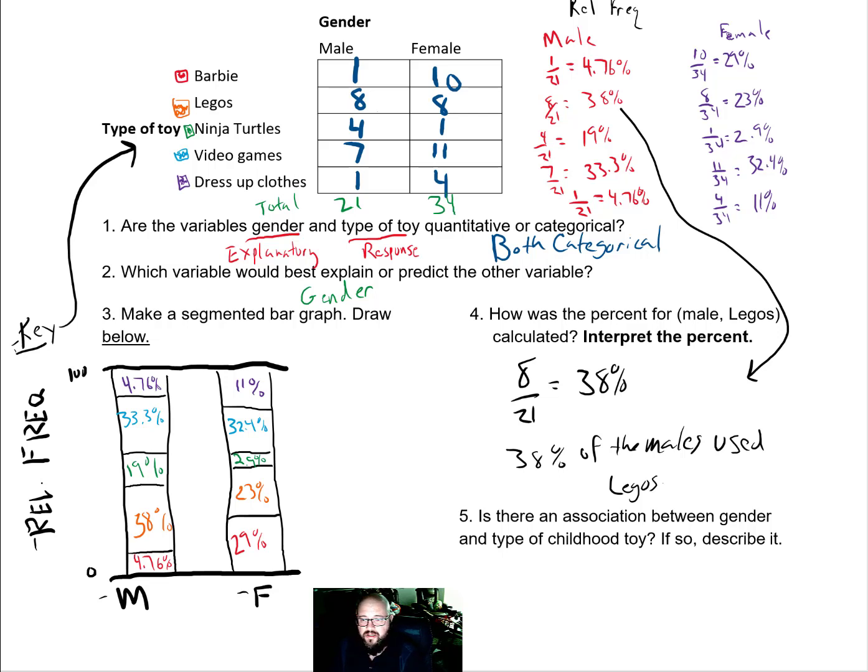And number 5 here, it says, is there an association between gender and type of childhood toy? If so, describe. Well, in this case, yes. So if we look at this, the biggest thing is that males seem to have gone for Legos primarily, and females preferred video games most. So on this, because there is a difference, there is an association between the genders.